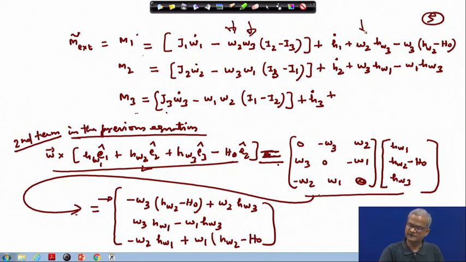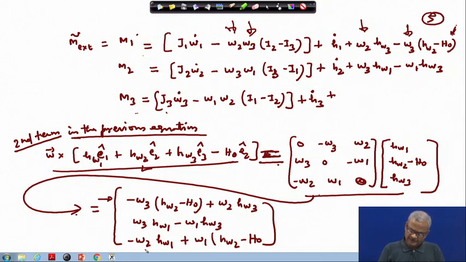Same way here it is appearing, omega 2, omega 3, and there is a minus sign here, and the corresponding H term gets exchanged: omega 3 comes here, H w2 goes here and H w3 comes here in this place. This is the only extra term, which is due to the bias momentum appearing here.